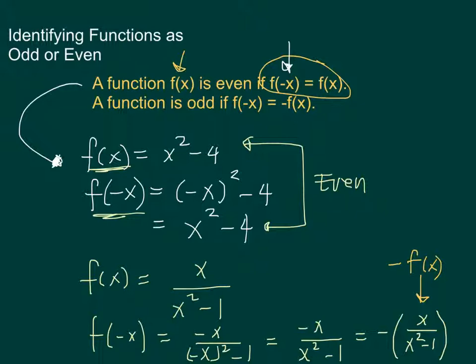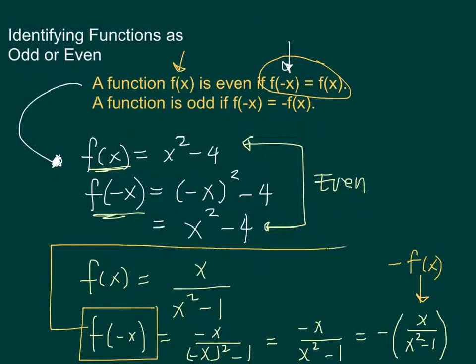So as you can see, f of negative x is equal to the negative of f of x. And by condition, if f of negative x is equal to the negative of f of x, then the function is an odd function. So this makes f of x equals x over x squared minus 1 an odd function.